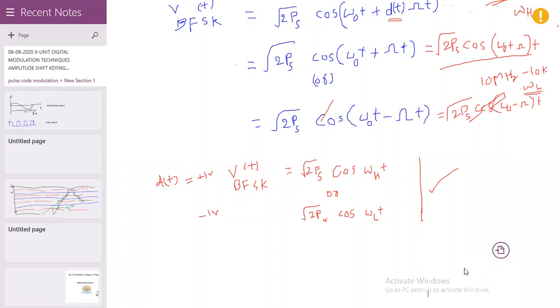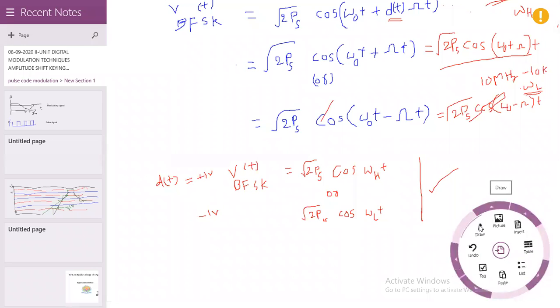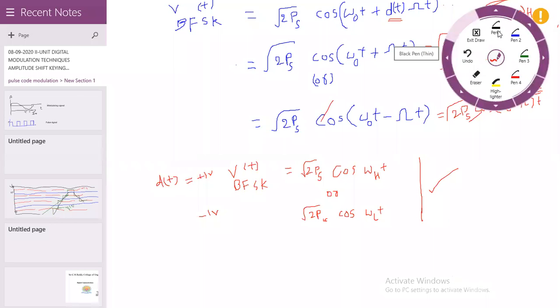According to that data signal, we convert this data signal d of t into unipolar. In this equation, D of t is a data signal that is a bipolar signal.